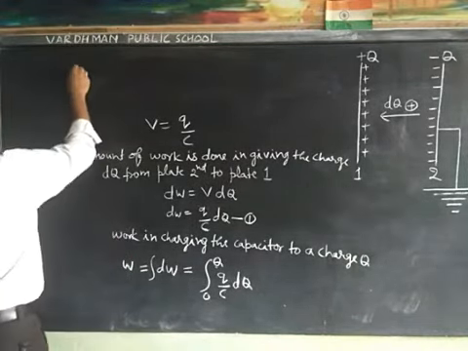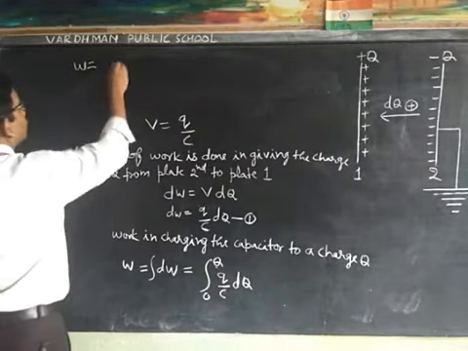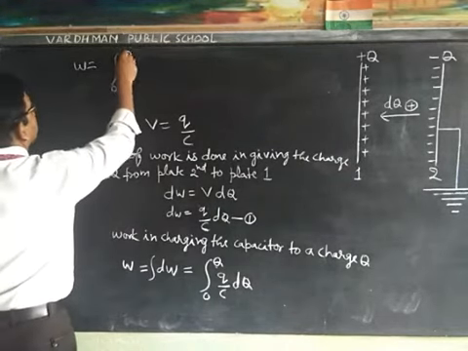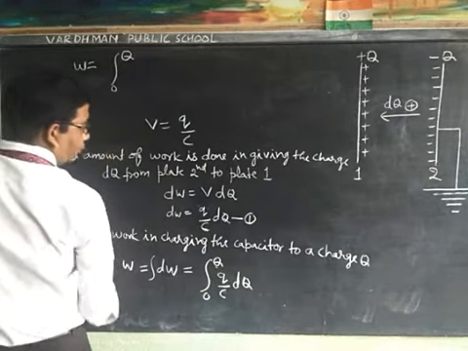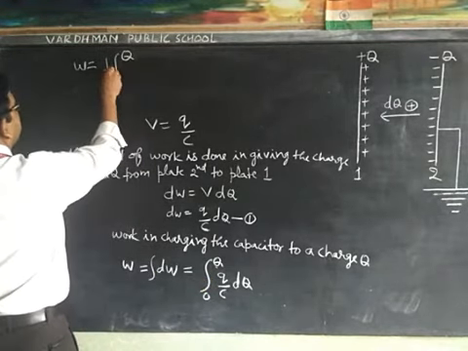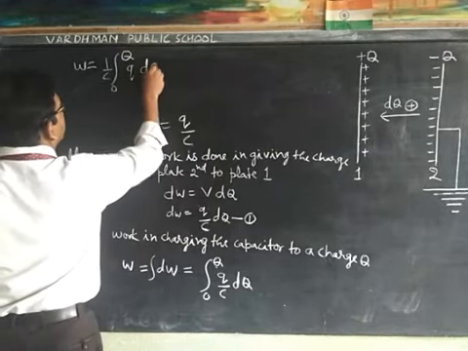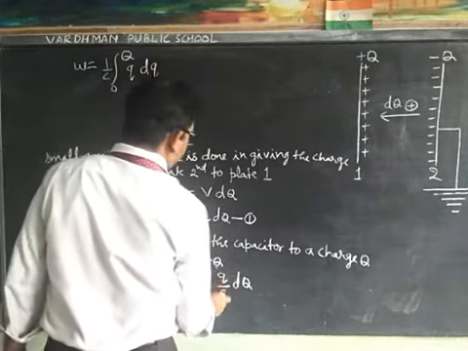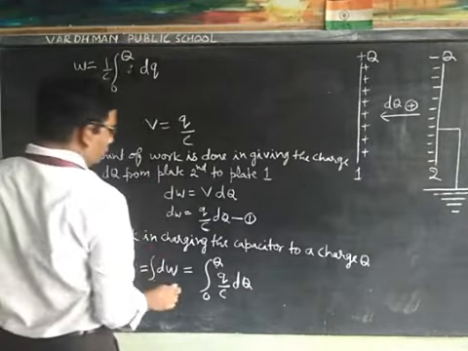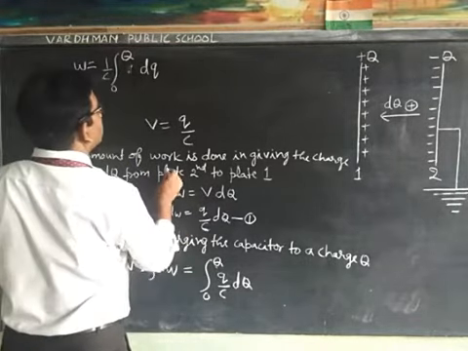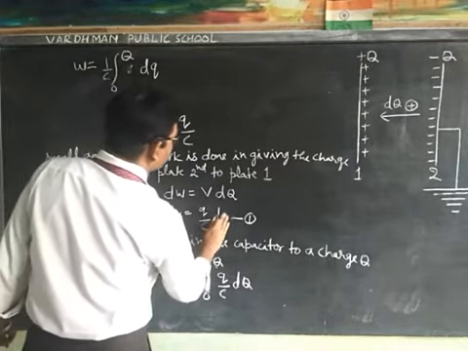W is equal to the integral from 0 to Q, and we take out 1 upon C, and it becomes q dq, where this is small q.